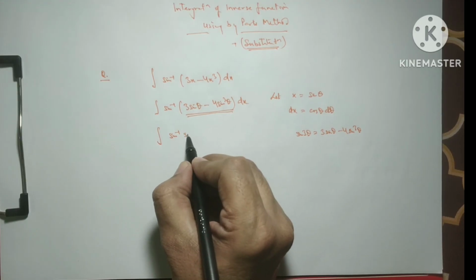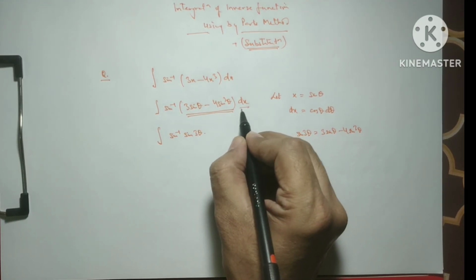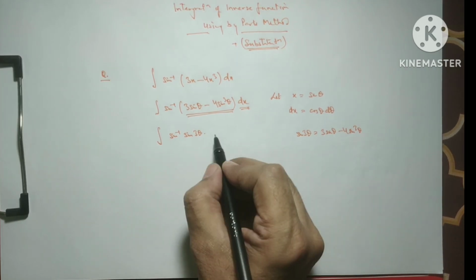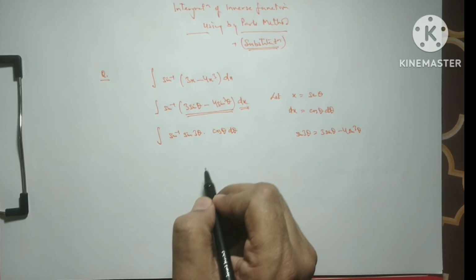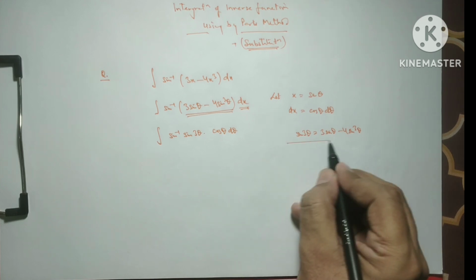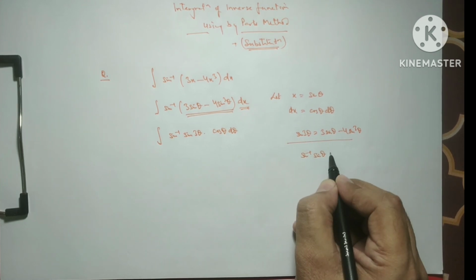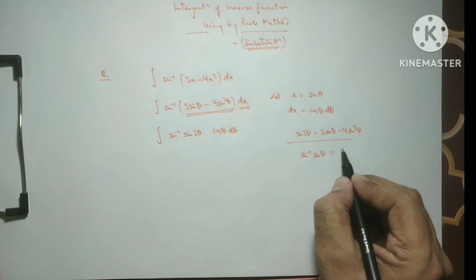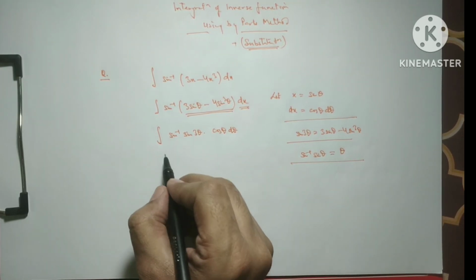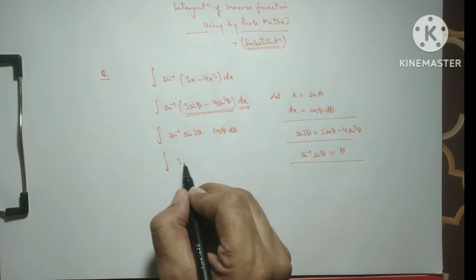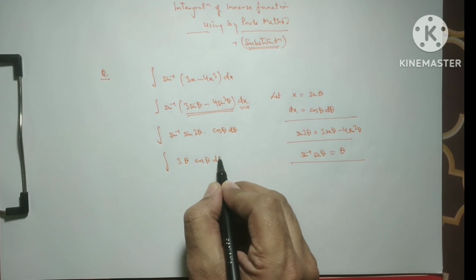Right now we substitute this value, and we substitute dx as cos theta d theta, and we know very well sine inverse of sine theta is equal to theta. So right now this becomes theta, and this is cos theta d theta.